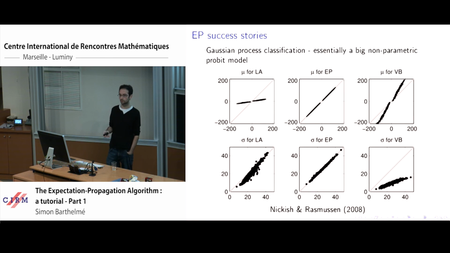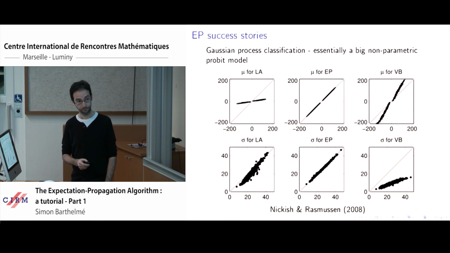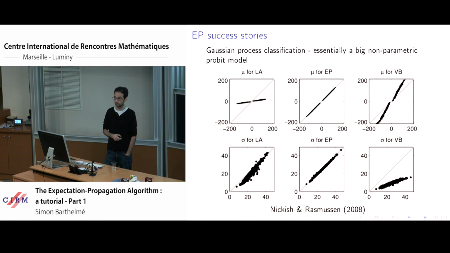And that's what you see here. It gets better for EP than for Laplace, but not quite the same effect as for the mean. So the mean is nearly exact. You get a wee bit of error on the covariance, and VB is terrible.